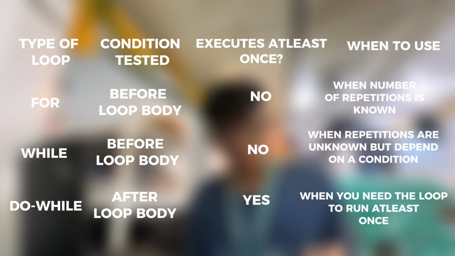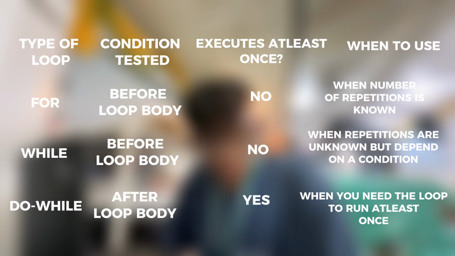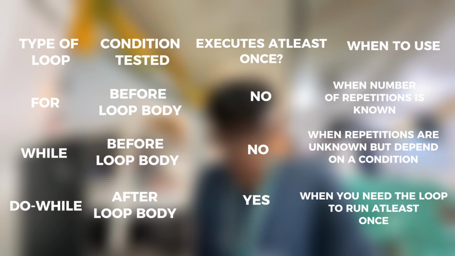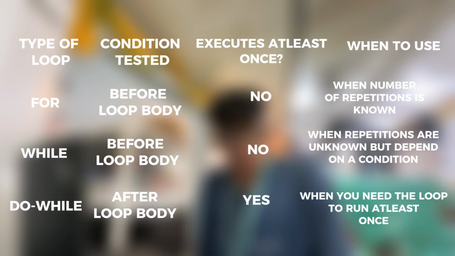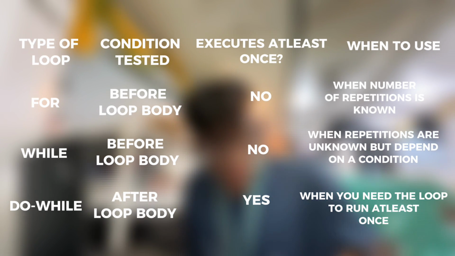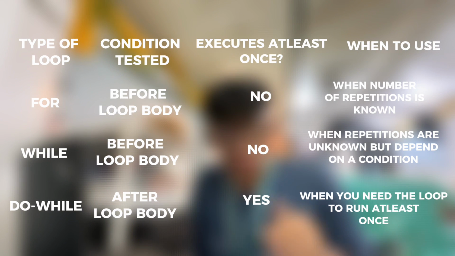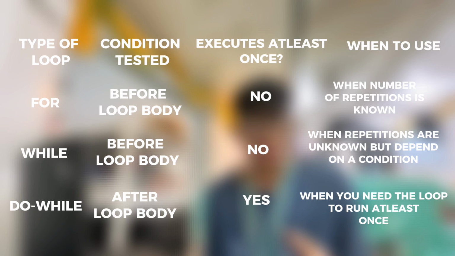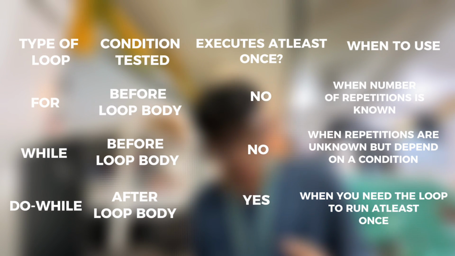So in our summary table, we have the loop types for, while, and do while. For the for loop, the condition is tested before the loop body, and it does not necessarily execute at least once. We use it when the number of repetitions is known. For the while loop, the condition is also tested before the loop body, and it does not necessarily execute at least once.